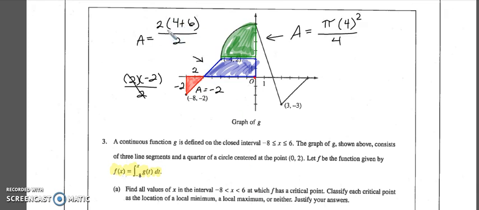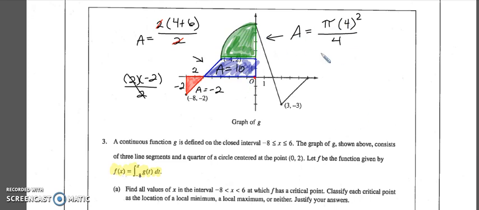So for the trapezoid, remember it's base 1 plus base 2 times the height divided by 2. And we can simplify this to say it's 6 plus 4, which should be an area of 10. So this trapezoid gives us an area of 10.